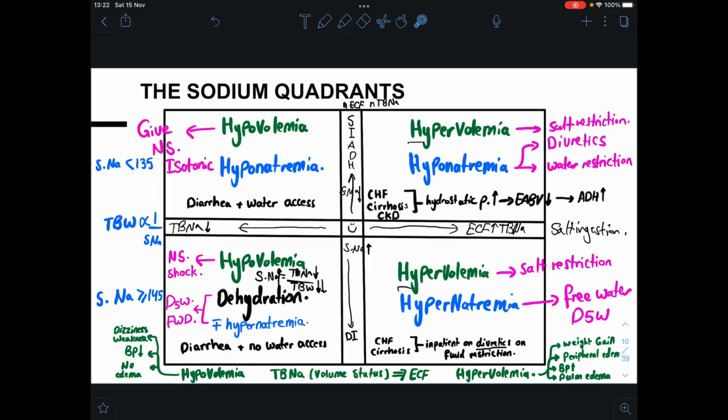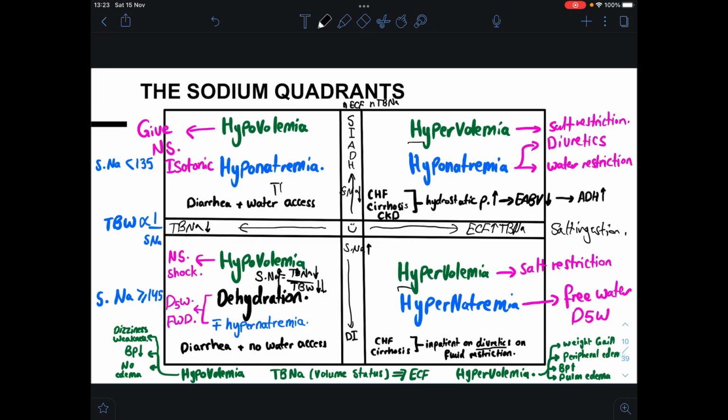Now, if this patient was to actually have water excess, and then they drink a lot of free water, what happens is actually the opposite. They are losing salt and water by the diarrhea, and now they are having free water access.